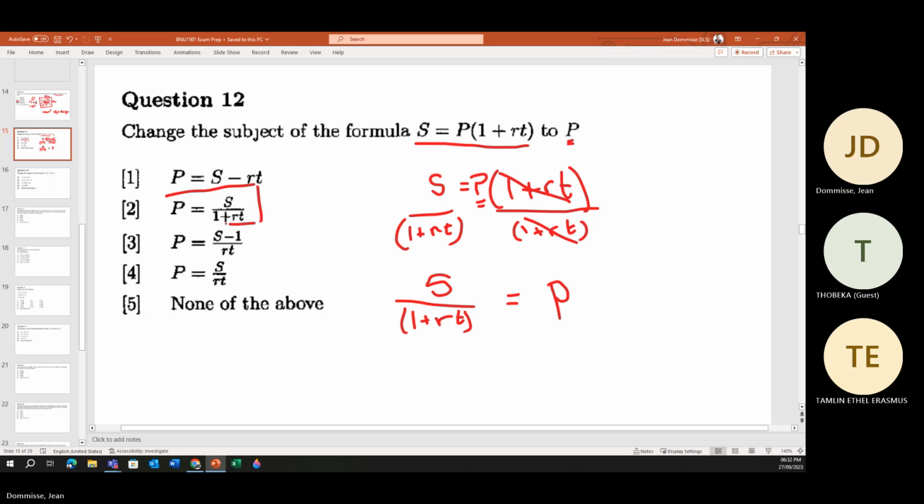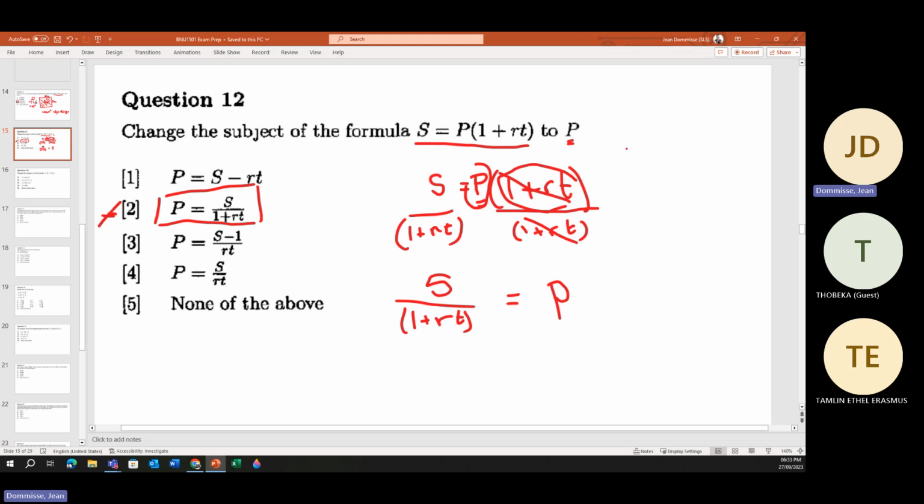So there is the formula. What I just did is I wrote it down again, and then told myself, okay, I need to only look at P. So I need to isolate P. To isolate P, I need to get rid of this component. To get rid of that component, I will on both sides need to divide by 1 plus RT.